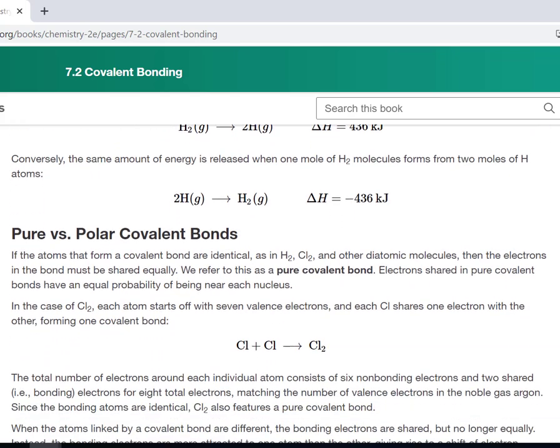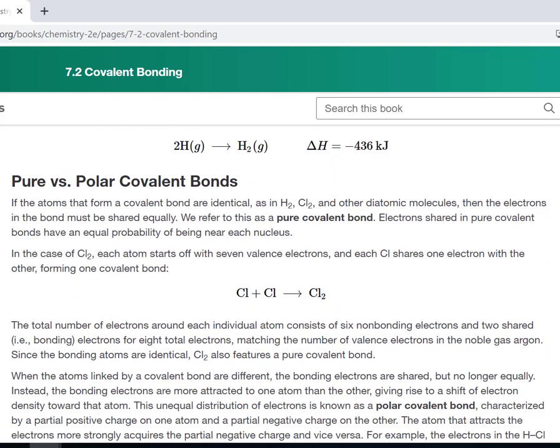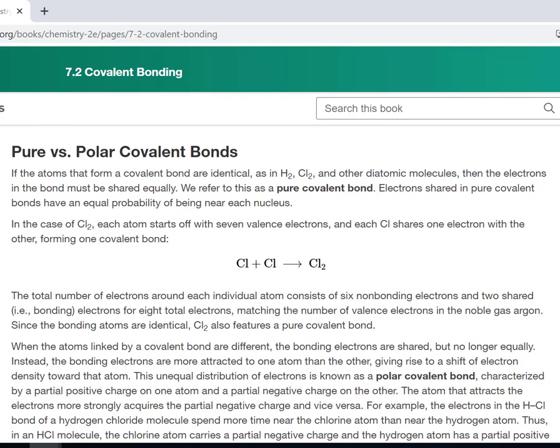Okay, so let's talk a little bit more about the types of bonds that can happen. We can have sharing of electrons, but it turns out that they are not always going to be sharing exactly equally, kind of like when you share anything, unfortunately.